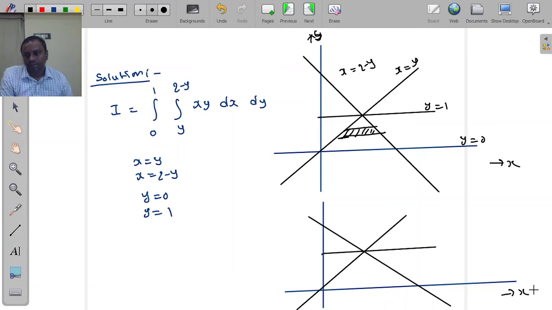This is the x-axis, this is the y-axis, this is y equal to 1, this is x equal to y, and this is x equal to 2 minus y.